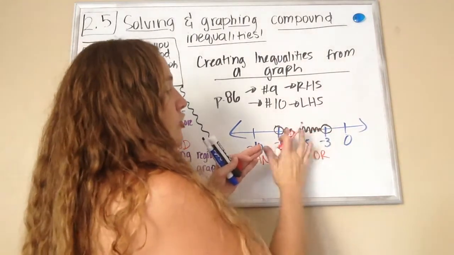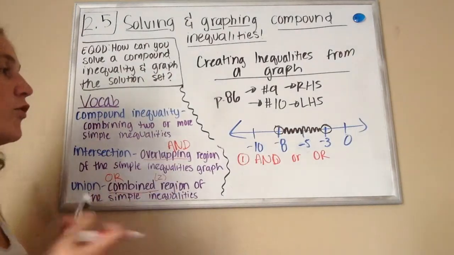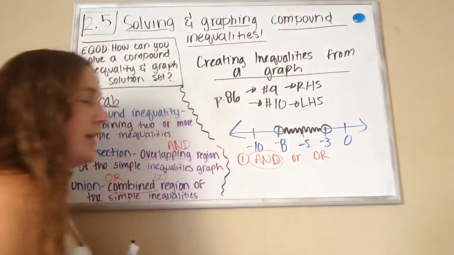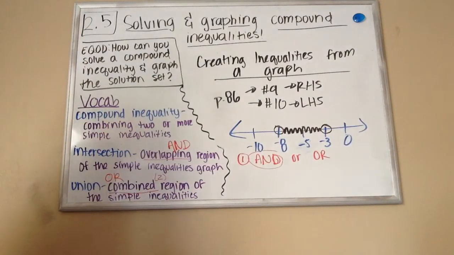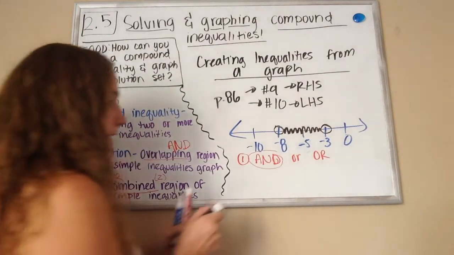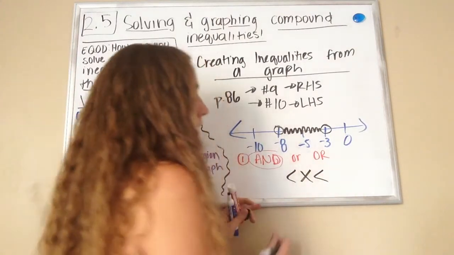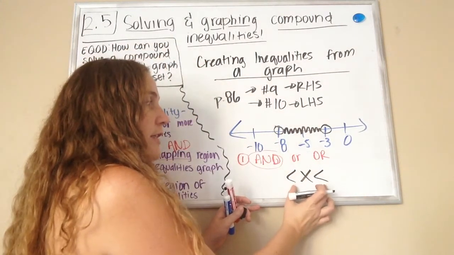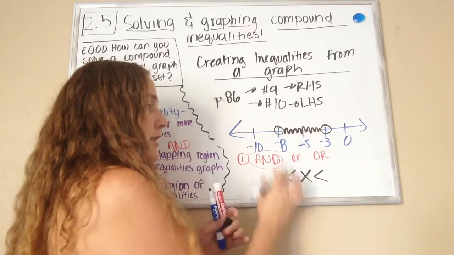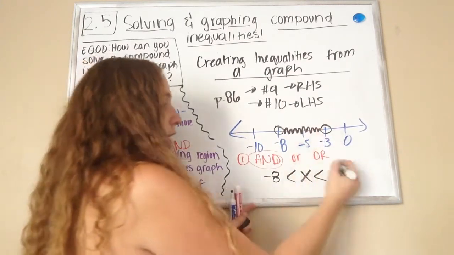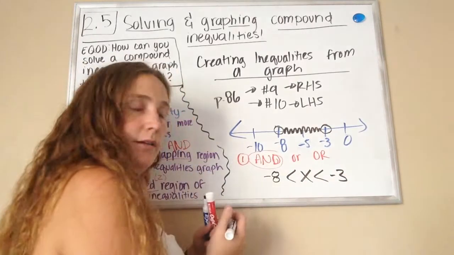Only one shaded area, which means it's an overlapping area, which means it's actually an and. With an and, we can always start off by saying x is between, and then the 2 endpoints. We've got negative 8, there's one endpoint, and negative 3, there's the other endpoint.